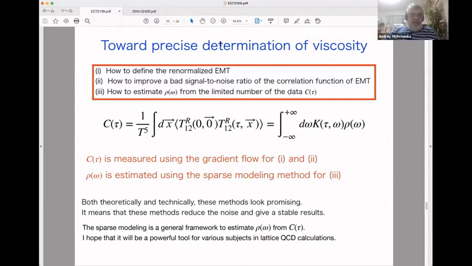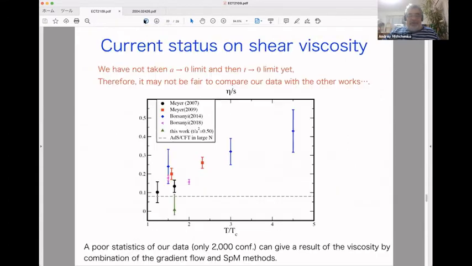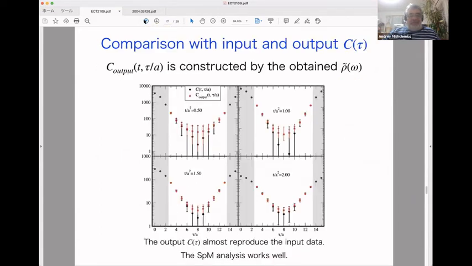Please go. Yeah, actually, my comment is that your equation, which connects the tensor correlation function to the spectral function rho of omega, has a kernel completely identical to that which connects the current correlation function to the optical conductivity in condensed matter.